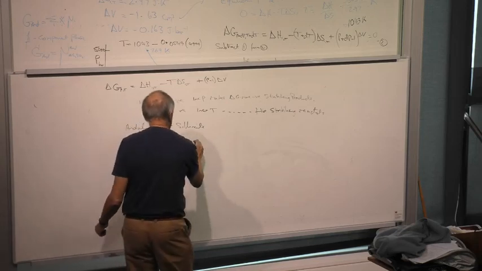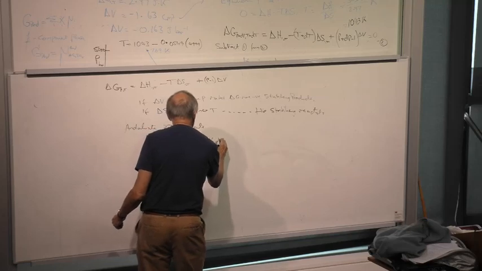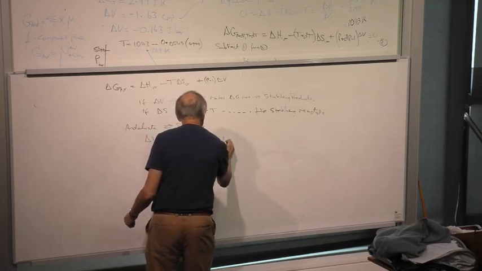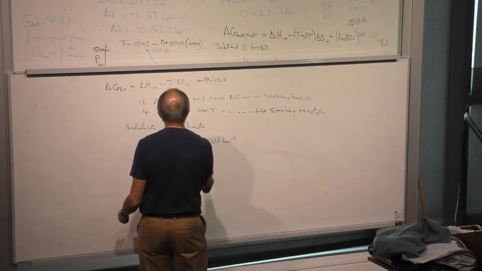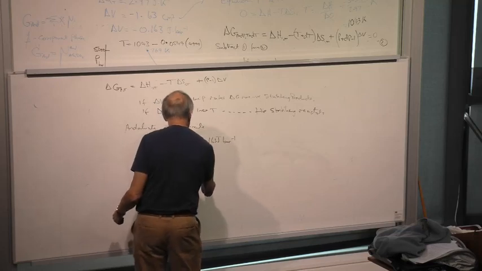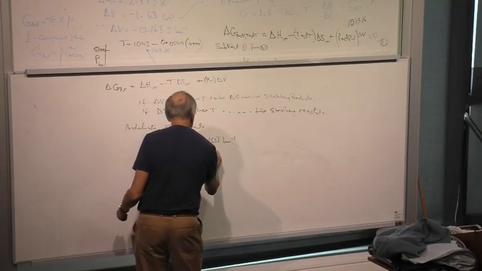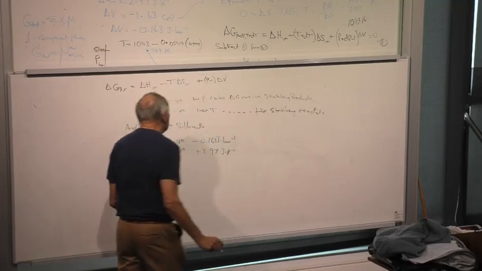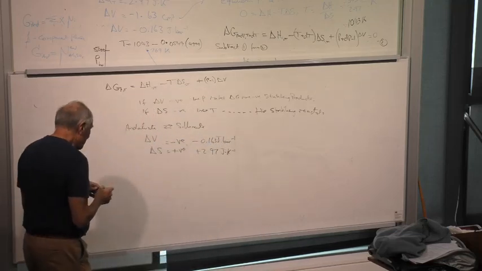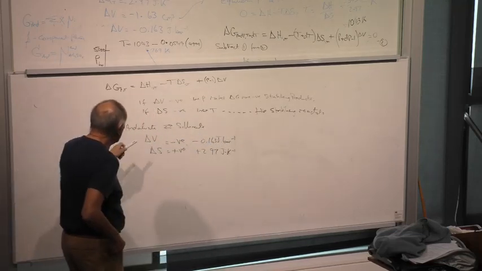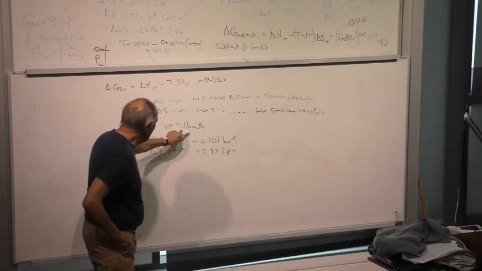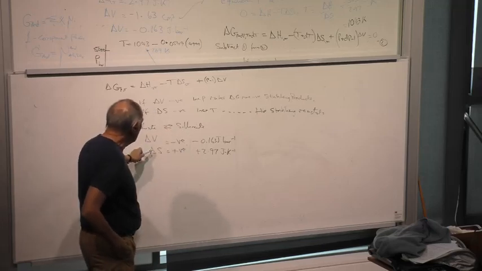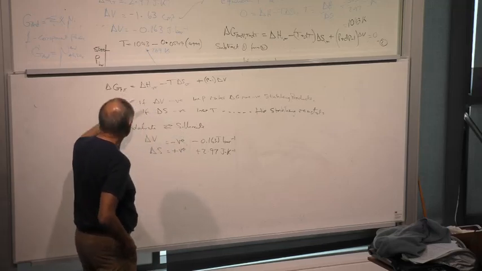So this is minus 0.163, and that was plus 2.97 joules per K. So what this says is that increasing pressure favours sillimanite, increasing temperature also favours sillimanite.